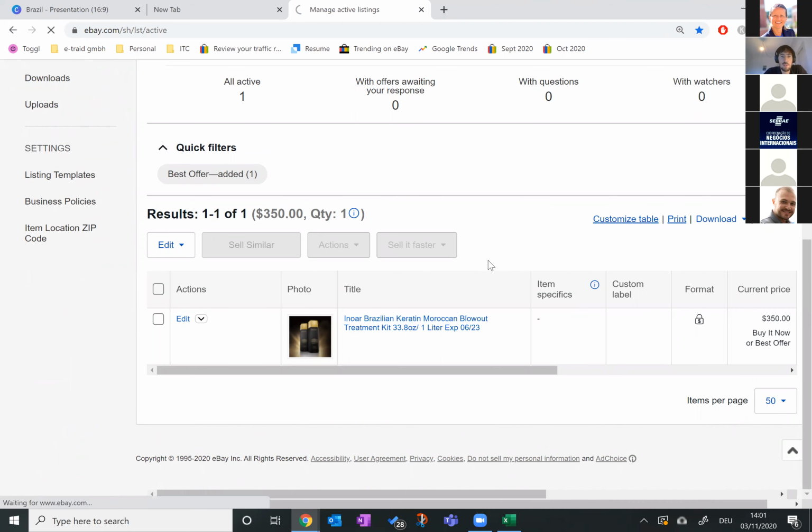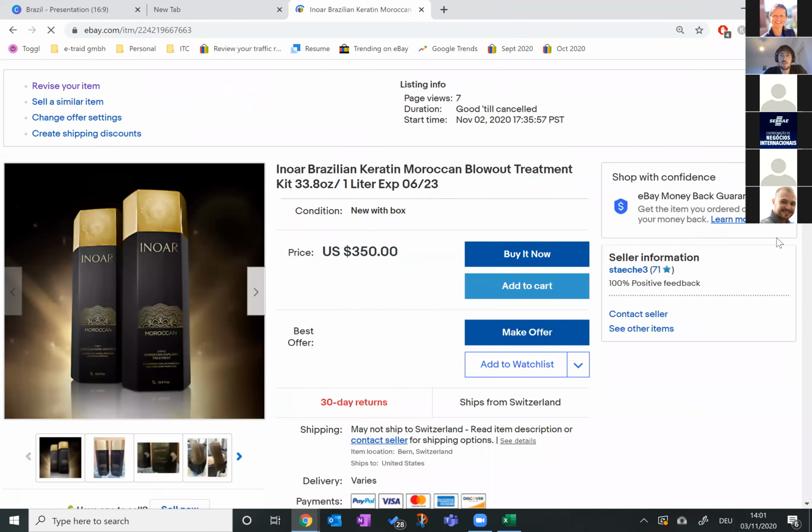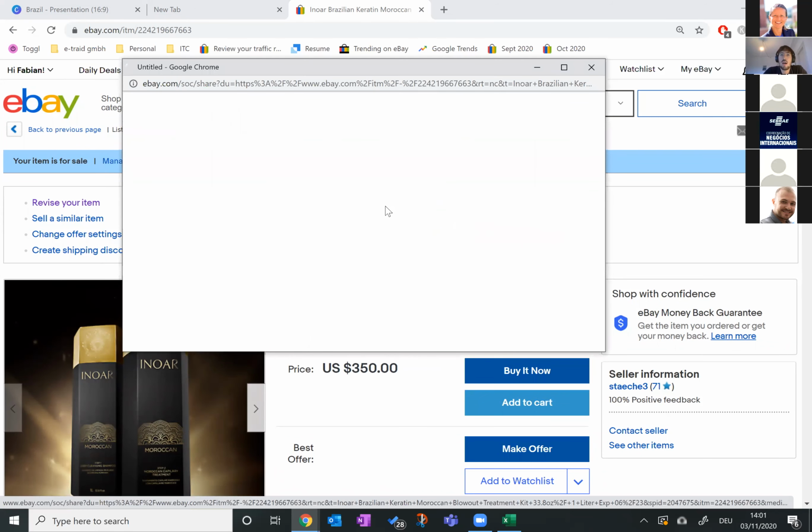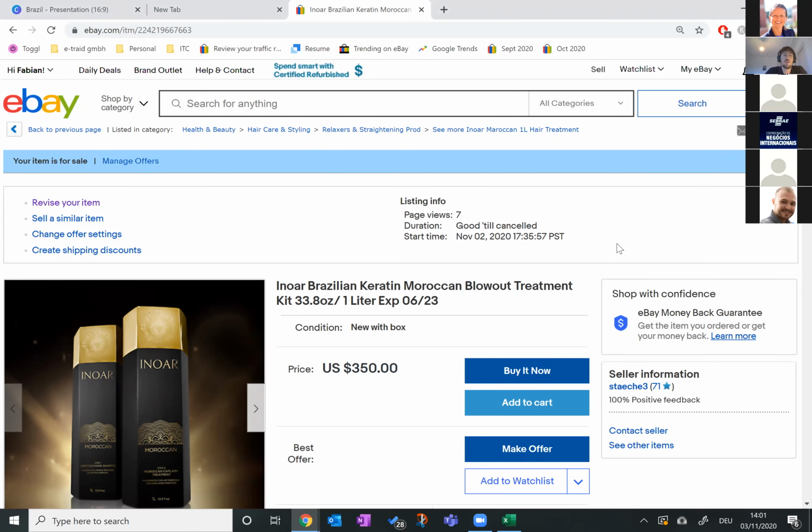So this is my listing. Let's assume I want to promote this on social media. There are direct integrations here with Facebook, Twitter, Pinterest, where you can click on the Facebook icon and it's going to share it in your Facebook feed. If you want to share items on Instagram, you can do that by sharing an image of your item and then putting a link behind it, and then it will link back to your store. So yes, essentially that can be easily done.